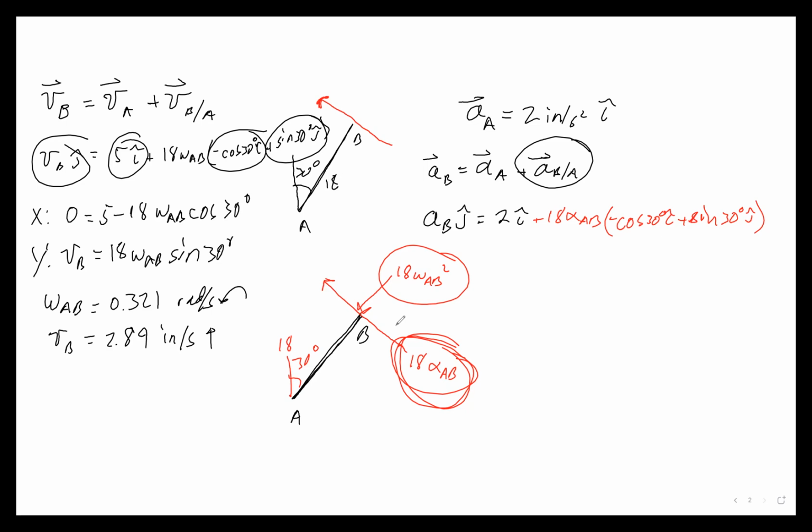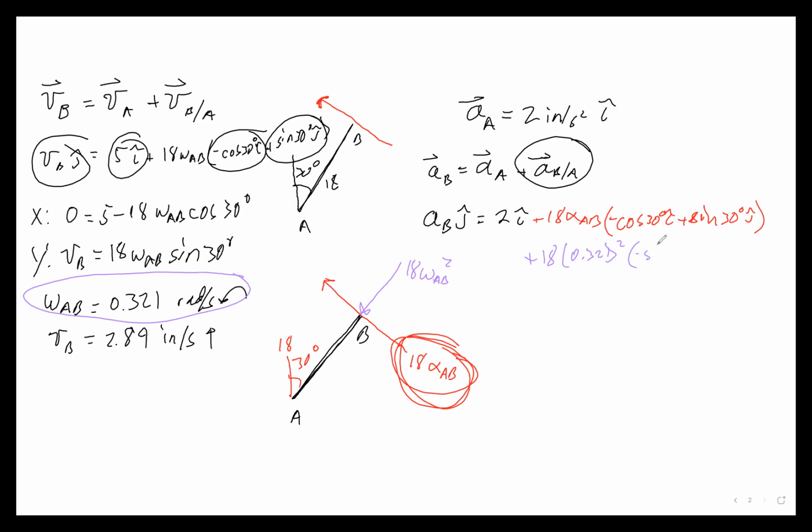All right, next, in fact, I'm just going to go ahead and, to help minimize confusion, change the color of this arrow so that way we can keep track. This purple arrow is now the 18 omega AB squared. All right, that's going to be the next term. So that'll be 18, and then we already know omega. We found omega AB here. So it's going to be 0.321 squared. All right, and then the I hat j hat.